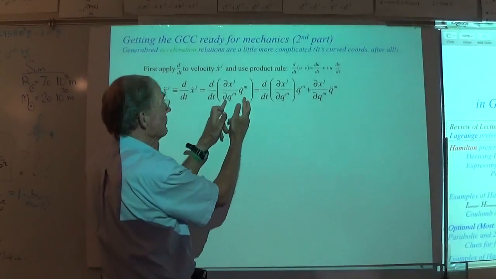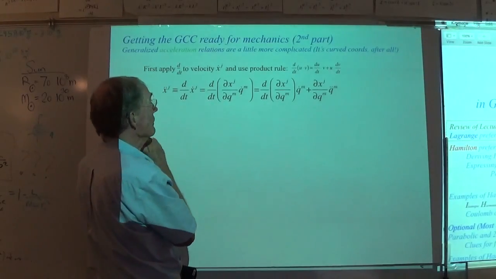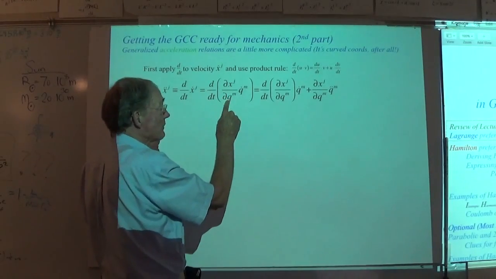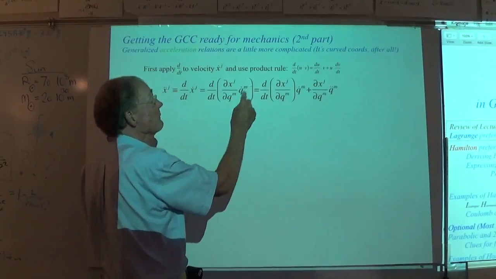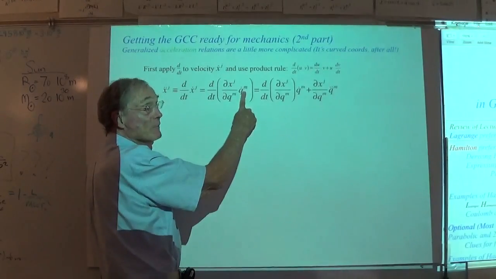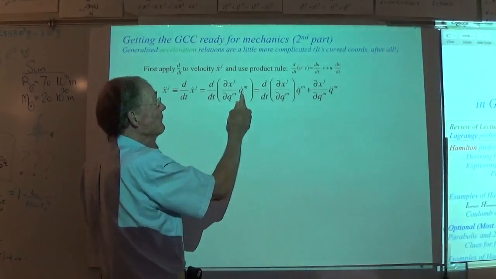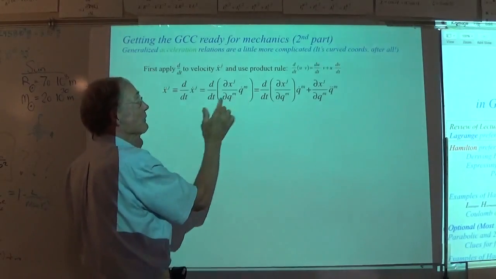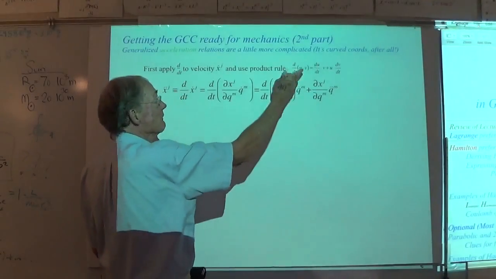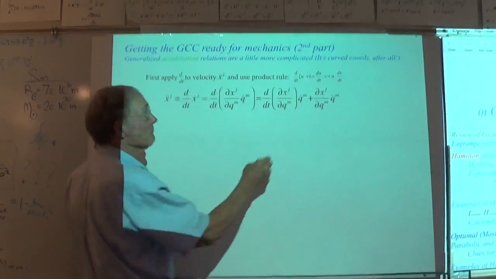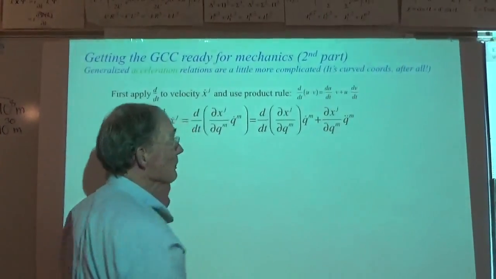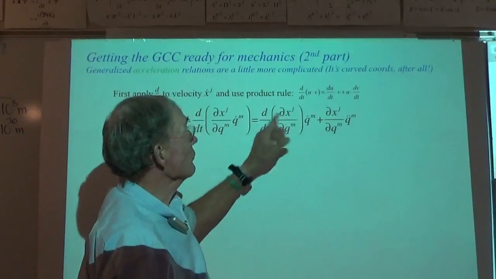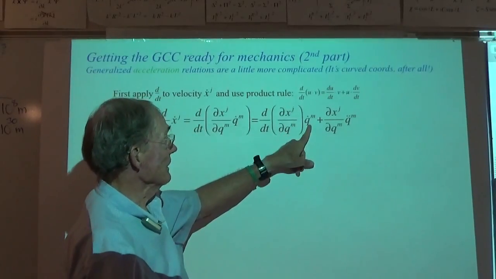Because of this chain rule expansion for x dot j, that's the partial of xj with respect to each of the Q coordinates, summed over the Q velocity, right? That's dqm dt, okay? Each of those has to be differentiated in turn. The derivative with respect to time of a product is the sum of products of independent derivatives. So we have to take a time derivative of the Jacobian in general, multiply that by the velocity, okay?